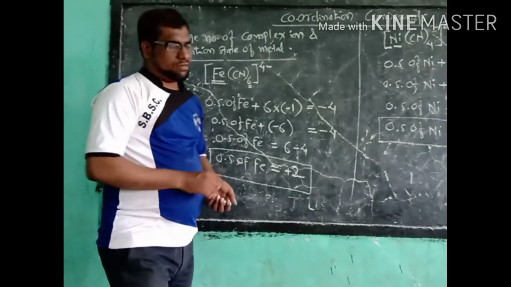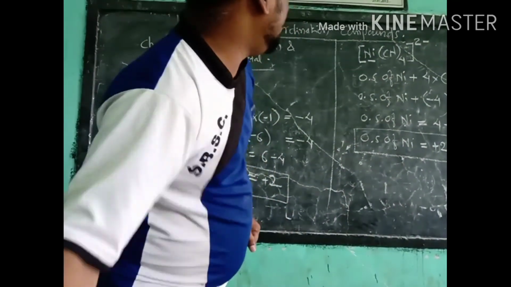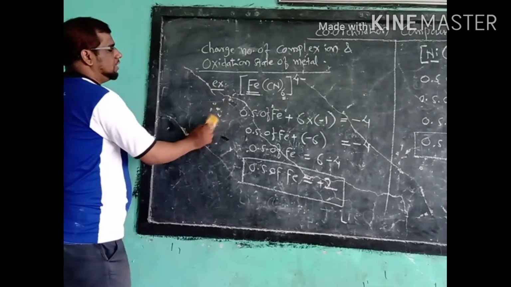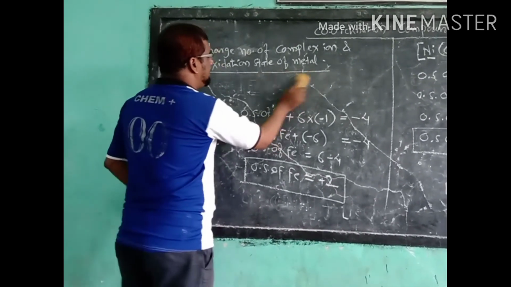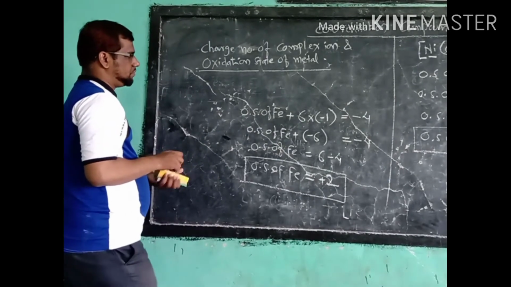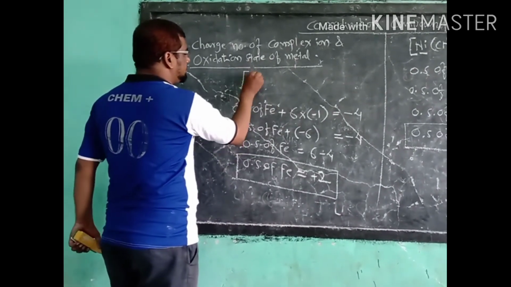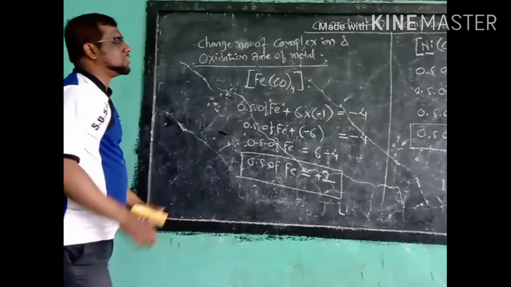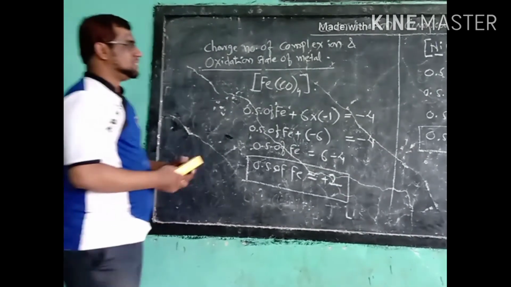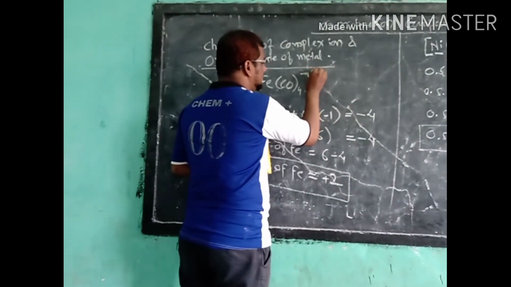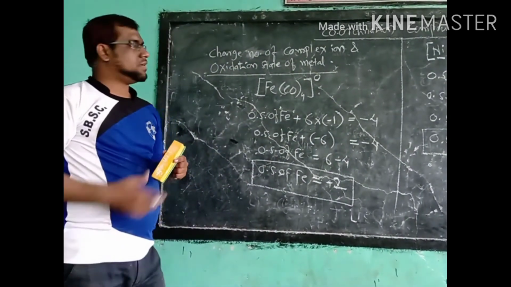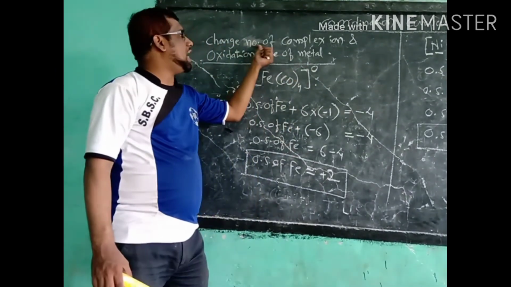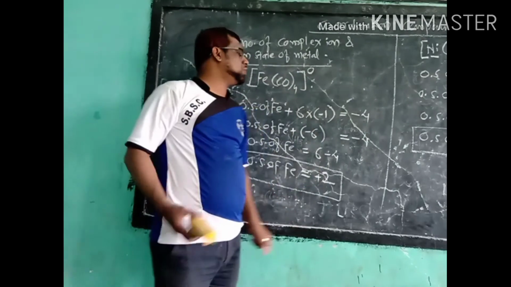Okay. Now we have another example for the calculation, that is Fe(CO)4. This complex compound does not carry any charge, so we consider the charge to be 0. No charge is present, which means the charge number of the complex is 0.